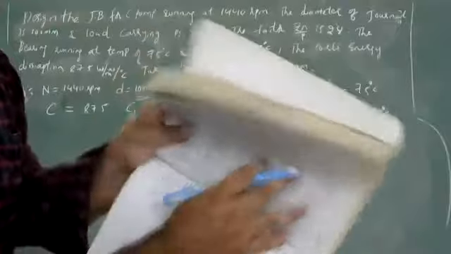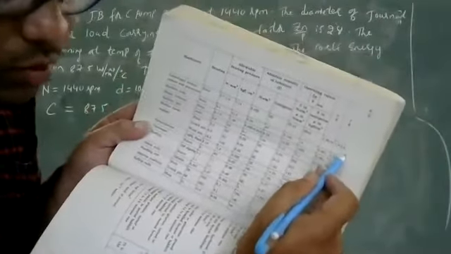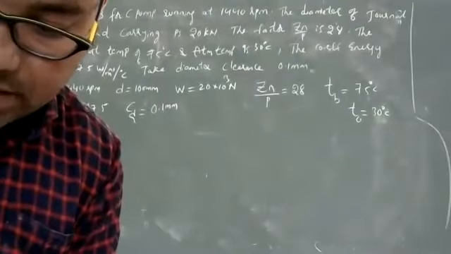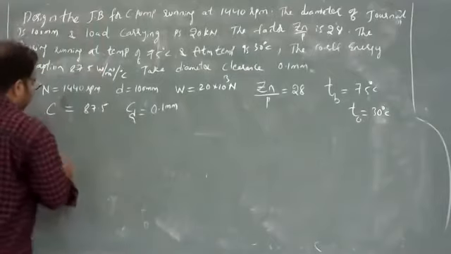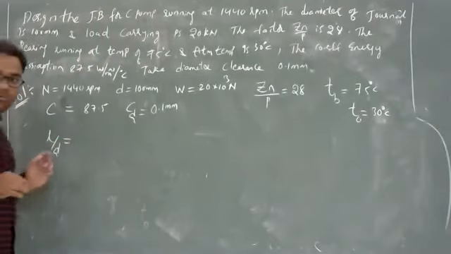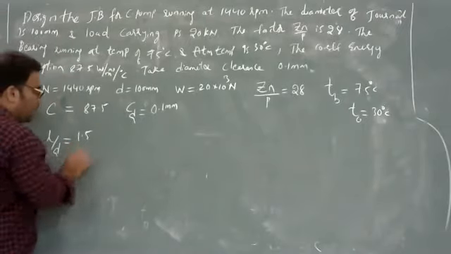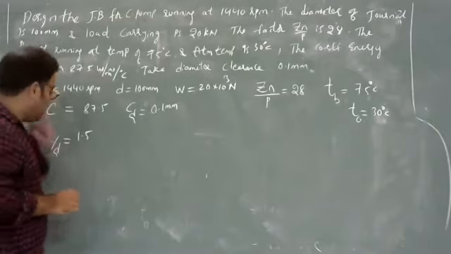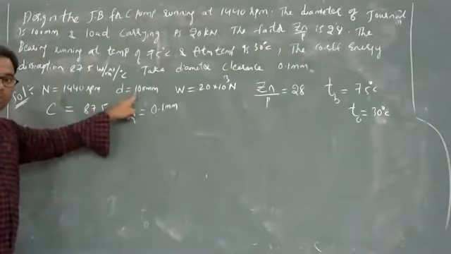So the first one, what is the value we have to take? The L by D ratio is how much here? 1 to 2. So we are considering that value. For the design, L by D, I am taking between 1 to 2. So let us take 1.5. Now the D value is mentioned as 100 mm.